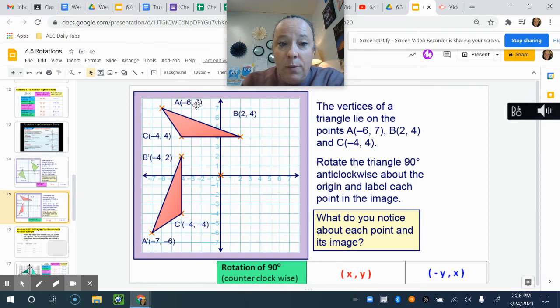And then the y value is going into the x spot, but changes signs. So hopefully that makes sense. (Negative 6, 7) will go to (negative 7, negative 6). (2, 4) would go to (negative 4, 2). And then (negative 4, 4) would go to (negative 4, negative 4). Make sure you're pausing. Make sure you're watching again if you need to.